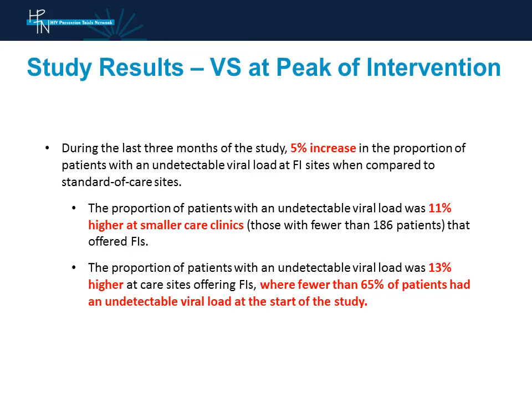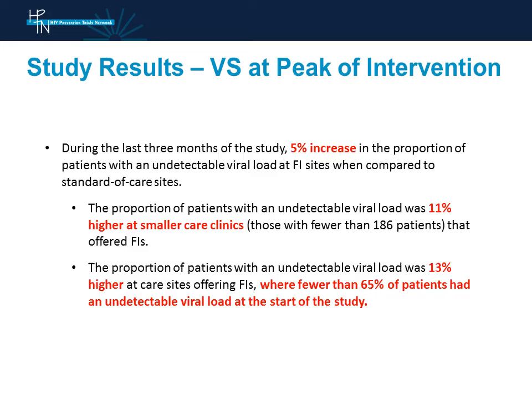If you look at the peak of intervention, so this is the last quarter, we actually saw a 5% increase overall when we were comparing the financial to the standard of care sites. And these were higher increases when we looked at some special subpopulations.